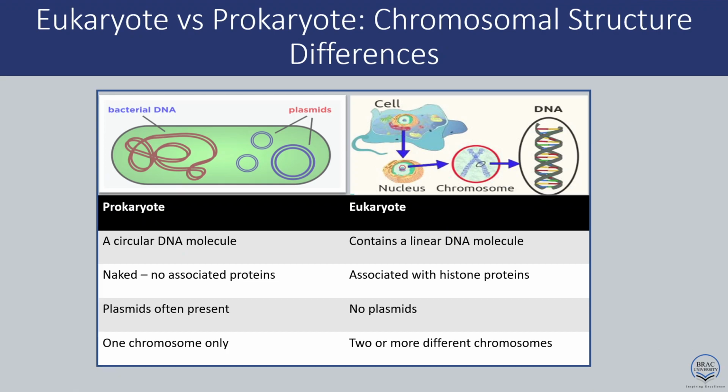So here are some basic differences in chromosomal structure that we already know: the prokaryotes have circular DNA, whereas the eukaryotes contain a linear DNA molecule, and that linear DNA molecule is compacted in chromatin, within the histone proteins. In eukaryotes the DNA is wrapped around histone proteins, giving rise to chromatin.